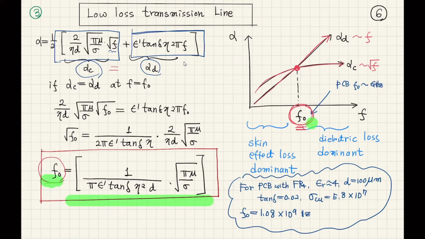Below this crossover frequency, conductor loss will be dominant, and above this frequency, dielectric loss will be dominant. In modern interconnection over 10 gigabps these days, dielectric loss is becoming dominant.